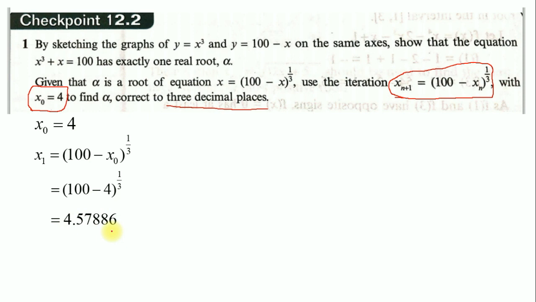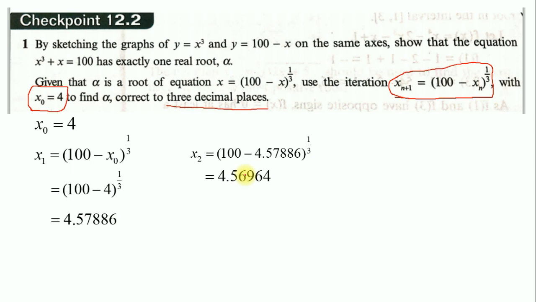So I repeat the process. I'm going to take x1 and substitute into the formula again. I must write out the working and then use my calculator to get the answer. For the first 2 approximations, you must remember to show the working.